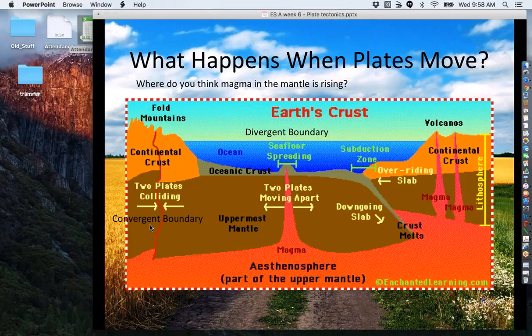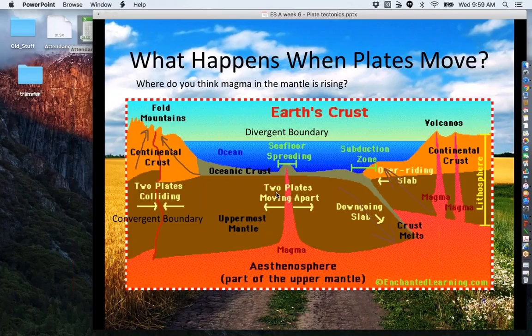So there are convergent boundaries where two plate boundaries are moving together. Those plates are being pushed together by the convection underneath, and that can cause things like mountains to be created, like the Rocky Mountains. Non-volcanic mountains, because they're not necessarily creating volcanoes. Volcanoes are created when one bit of crust subducts, goes underneath another.